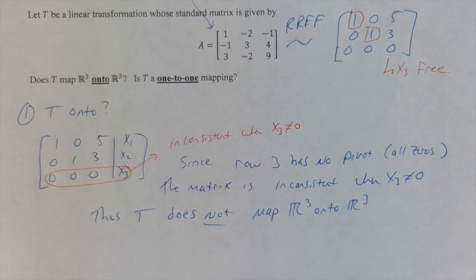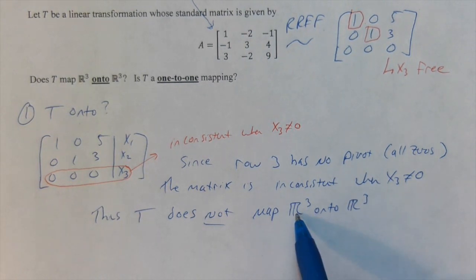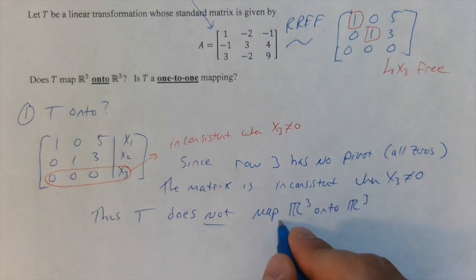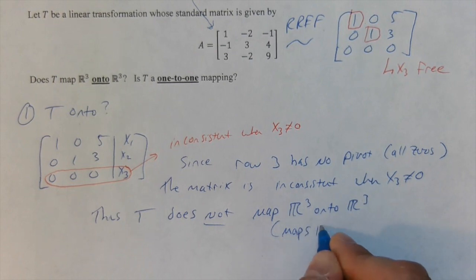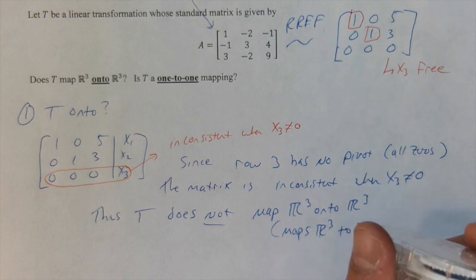In other words, you might be saying, well, what the heck do you mean? It takes things in R3, but then it maps to some subset of R3. So it takes things in R3 into a subset of R3.